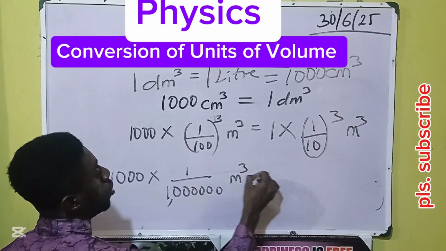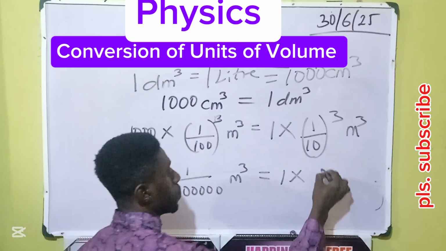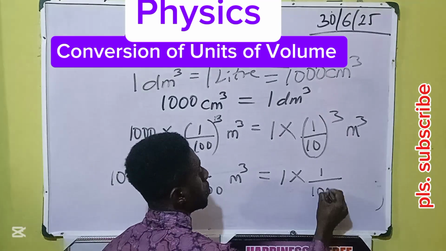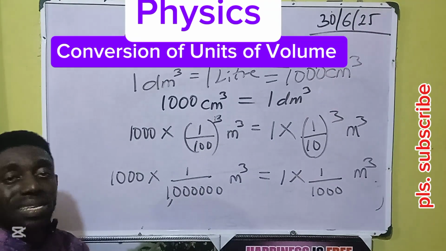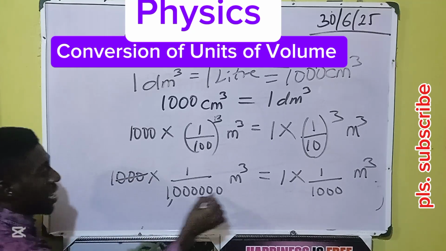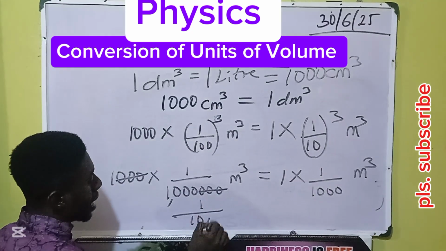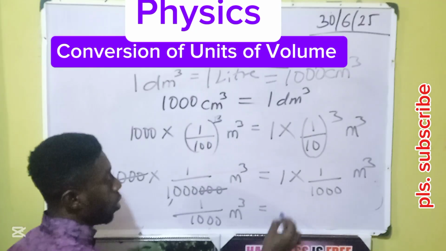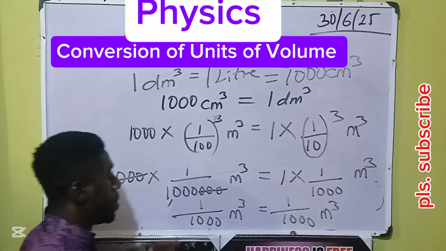Meter cube equals 1 times 1 cube is 1. 10 cube is 1,000. We are left with meter cube. Follow it mathematically. 3 zeros cancel 3 zeros. I'm now left with 1 over 1,000 meter cube equal to 1 times 1 over 1,000 meter cube.